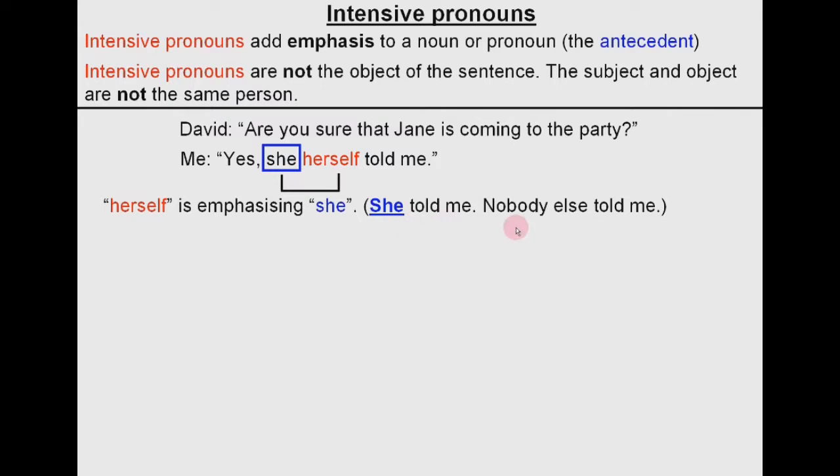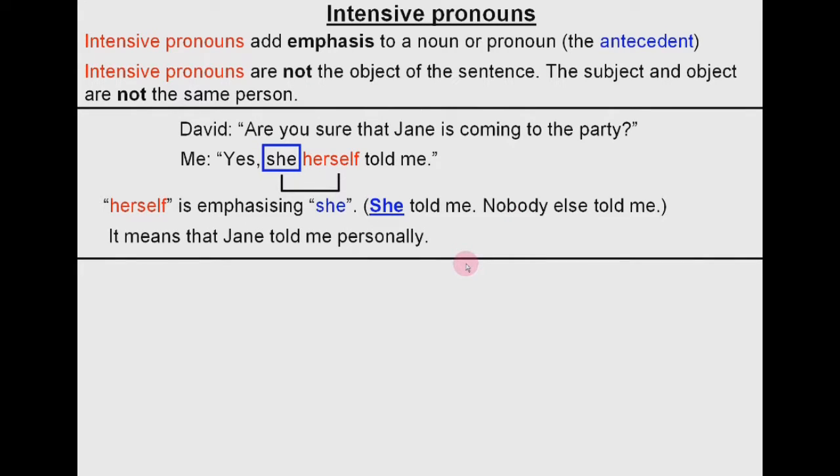She told me. Nobody else told me. So we are stressing the fact that it is Jane who told me. And so we are saying, in fact, that Jane told me personally. She told me directly. I am making it clear that it was Jane.